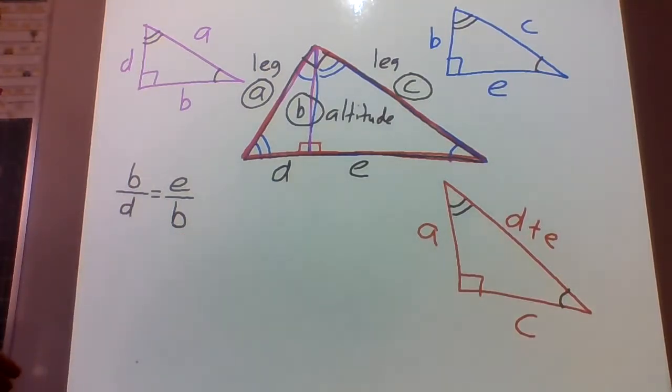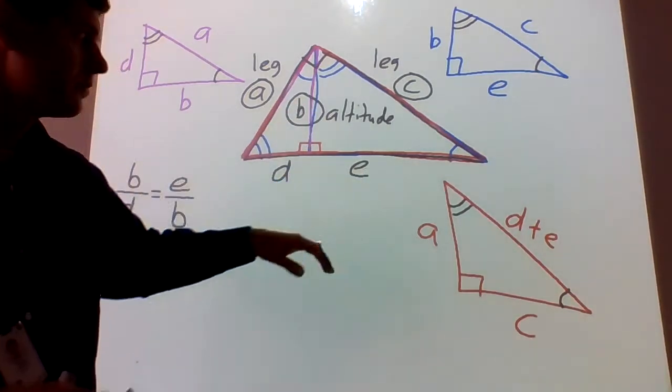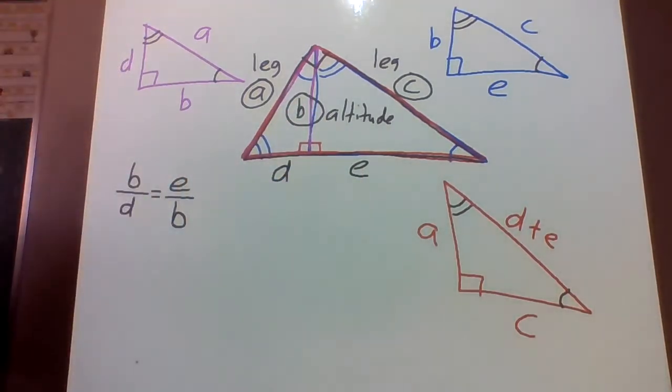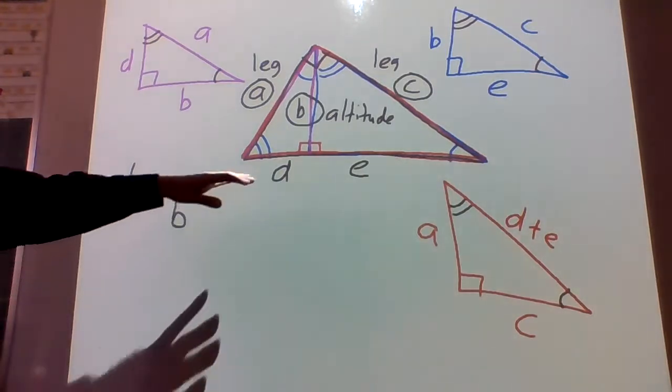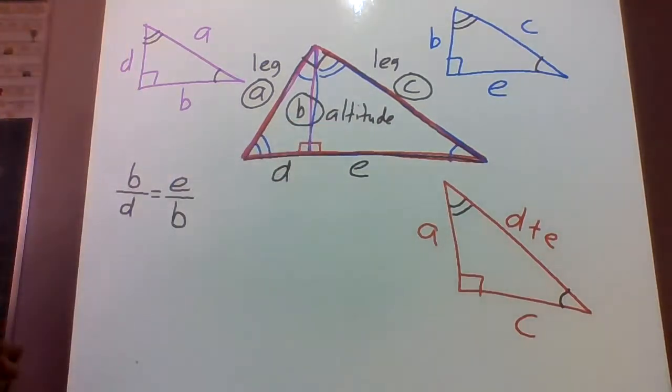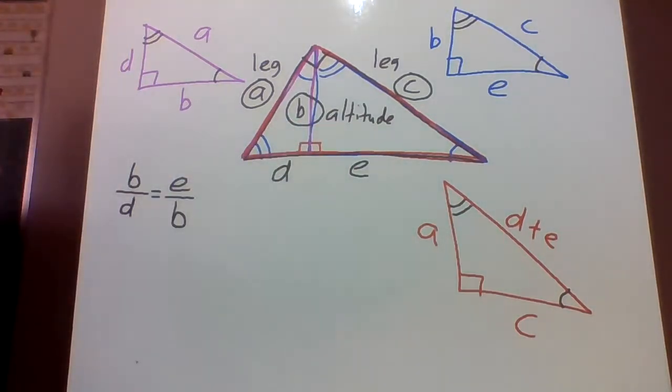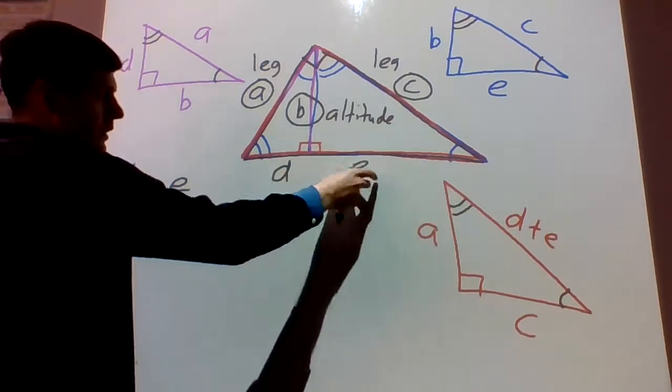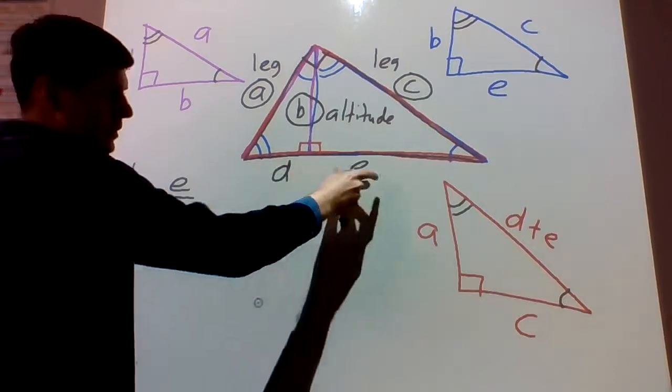So it's going to help us if we only have an altitude. If they only gave us B, D, and E, this is the only way we can solve the problem. Okay. So the rule is, for B, really it's the geometric mean of D and E. B is going to be the geometric mean of D and E.